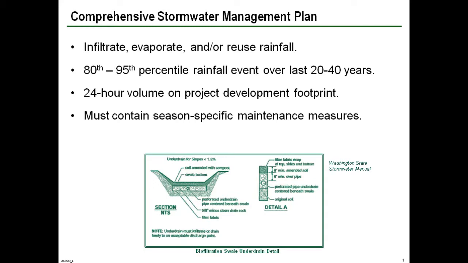That can be selected from the 80th to the 95th percentile for events over the last 20 to 40 years. Third, the amount to be considered is the 24-hour volume that falls on the project's development footprint or its impervious areas. And lastly, the management plan has to contain seasonal measures that make sure it operates successfully year-round.